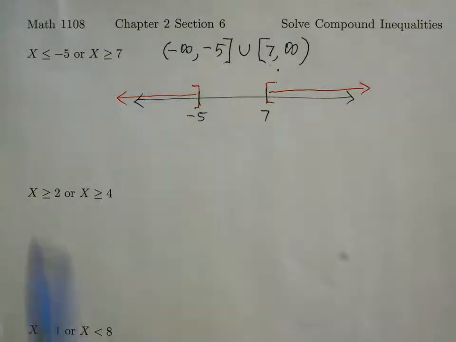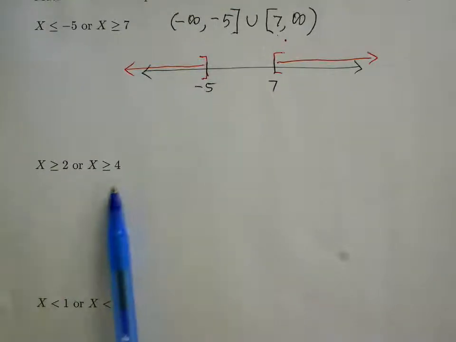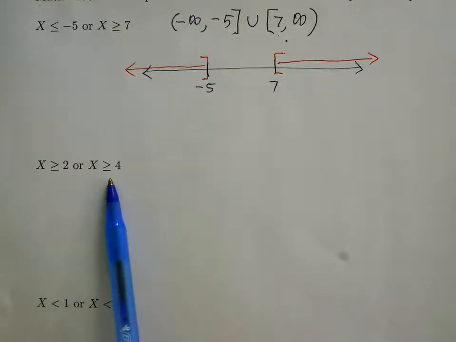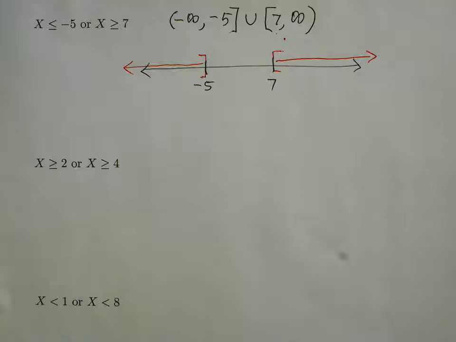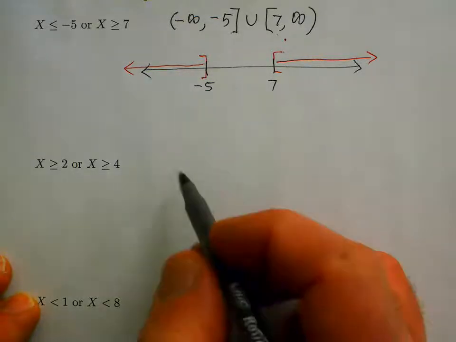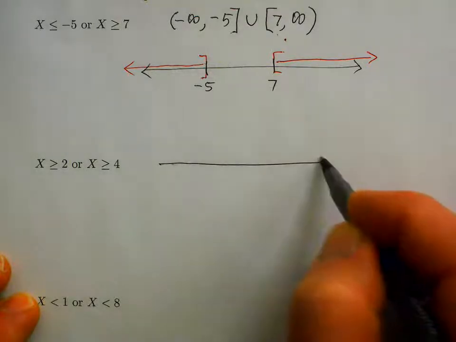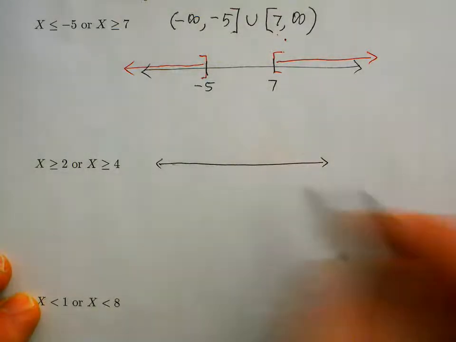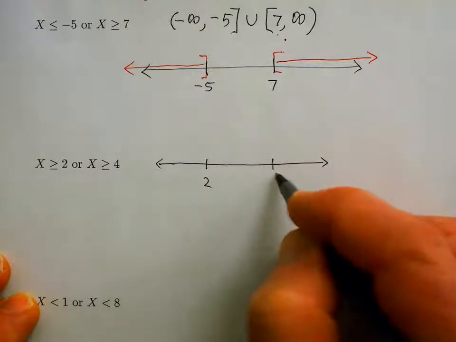Okay, the next one, x is greater than or equal to 2, or x is greater than or equal to 4. Well, let's sketch this. So I'll plot the numbers 2 and 4.